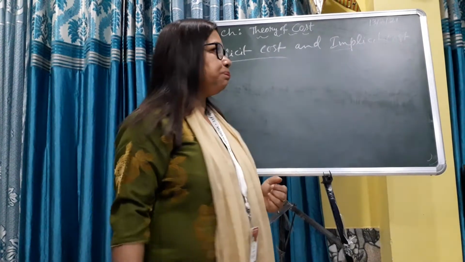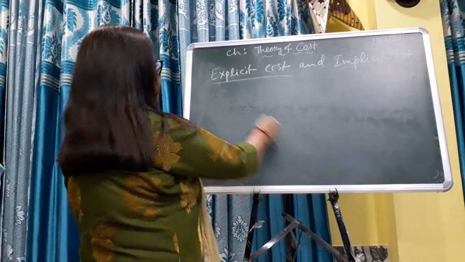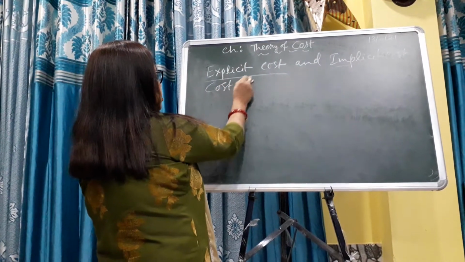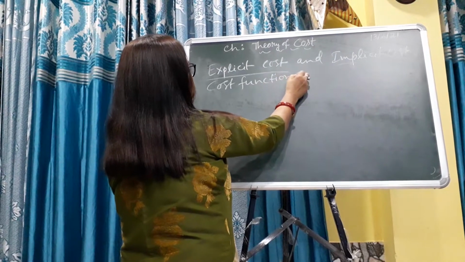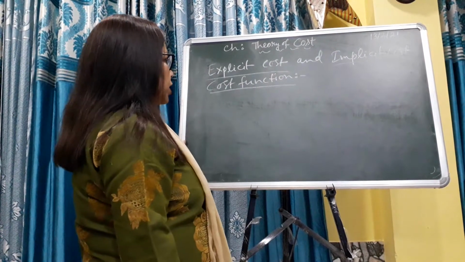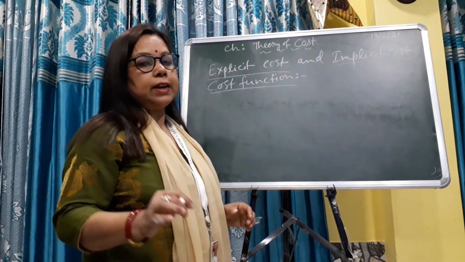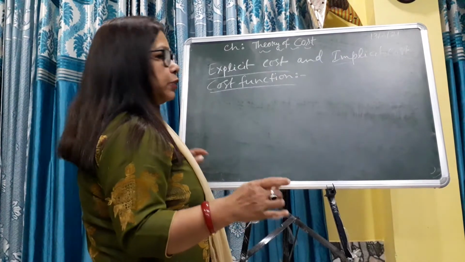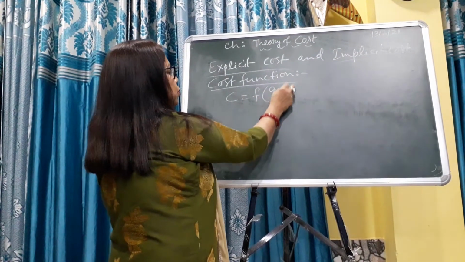Now the next point in cost is the cost function. What is cost function? Cost function shows the functional relationship between cost and output. So symbolically we can write C equals f(Q).